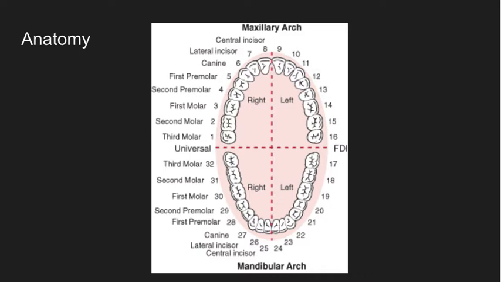Starting centrally and moving lateral/posterior, you have the central incisors, followed by the lateral incisors, followed by the canines, then the first and second premolars, and then the first, second, and third molars, with the third molars being the wisdom teeth. So for example, you could say something like the left maxillary canine, and that would specify exactly which tooth you're talking about, which is also number 6.